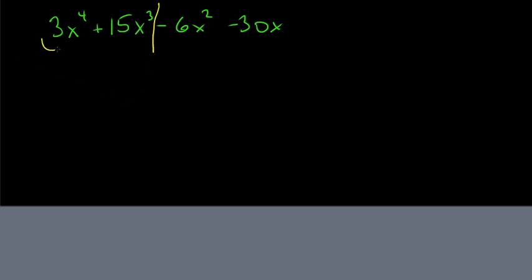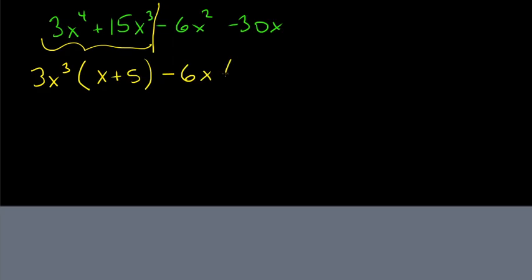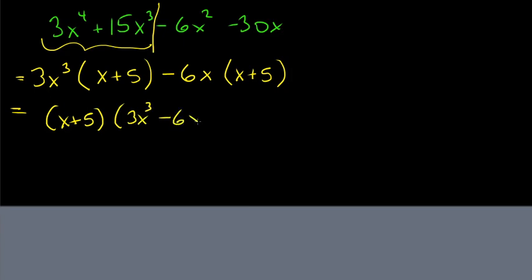What would happen there? From the first two terms, you would factor out a 3x cubed, and you end up with x plus 5. From the last two terms, you can factor out a negative 6 and an x, and you end up with, again, x plus 5. Great, so we can factor out the x plus 5. And that multiplies 3x cubed minus 6x.